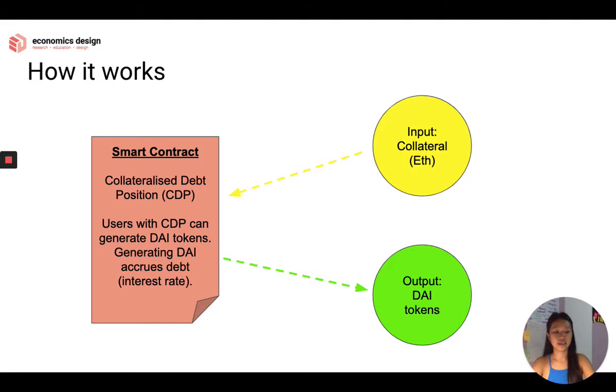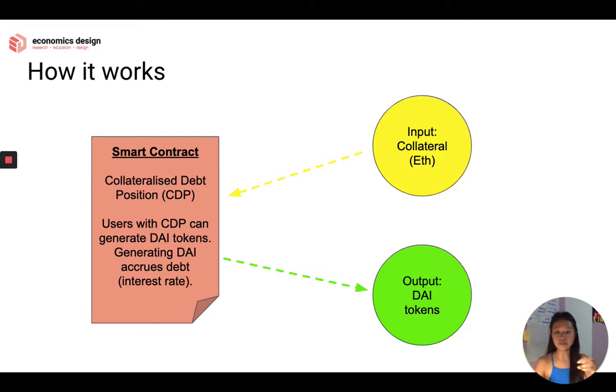Instead, I can only take out 66% because that's how the collateral system works. It's always over-collateralized by at least 150%. So that means I can only take out 2/3 of the collateral that I put in, which is 0.66 DAI, which is 0.66 US dollar.